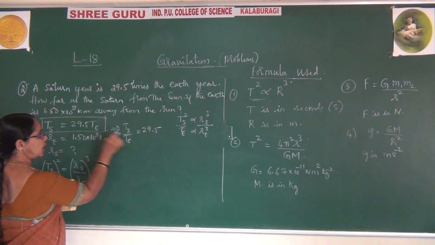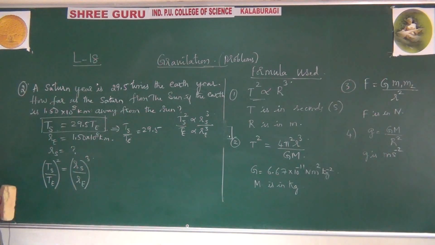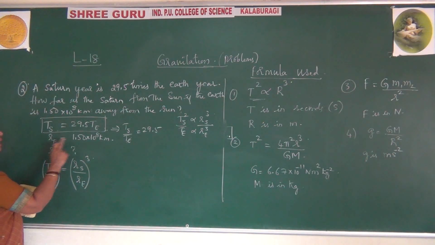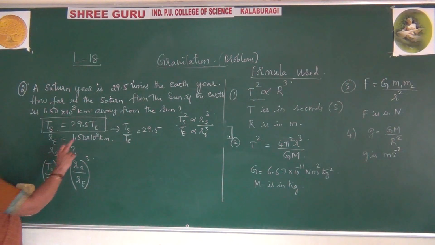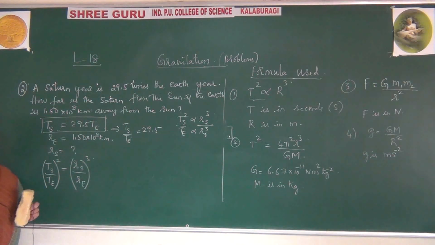So wherever you have TS by TE, you can write 29.5. And wherever you have RE, you can write 1.50 into 10 raised to 8 kilometer. You need not convert now. Directly you can express the answer in kilometer. By chance if they ask to write in meters, you have to convert. Here they have not given any such condition, so directly you can write the answer in kilometer itself.